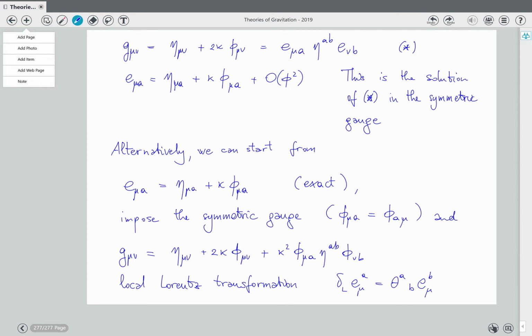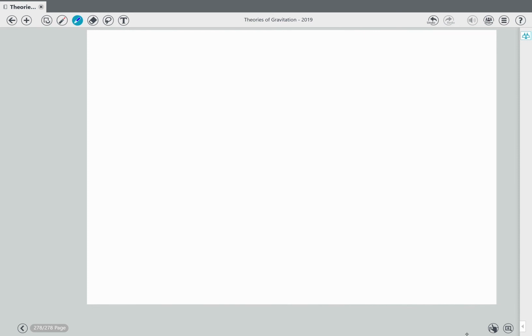So let's recall how the gauge fixing is performed. L goes into L plus 1 divided by 2 lambda.